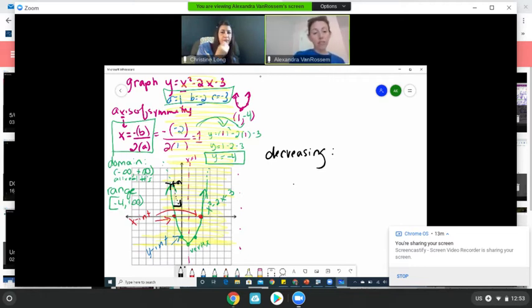So he's going to keep going down until he or she hits the vertex. So really this axis of symmetry here is what splits the graph in half. I think he's going to stop decreasing at +1.